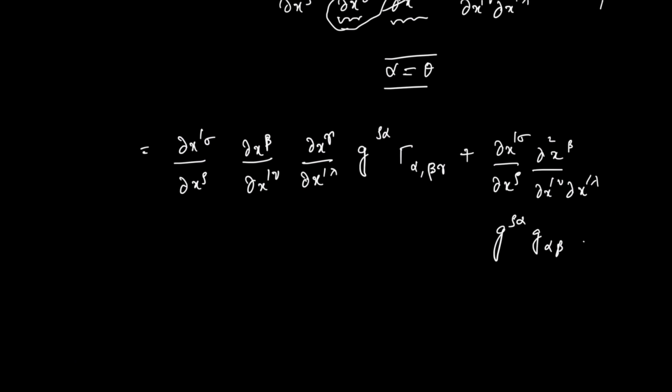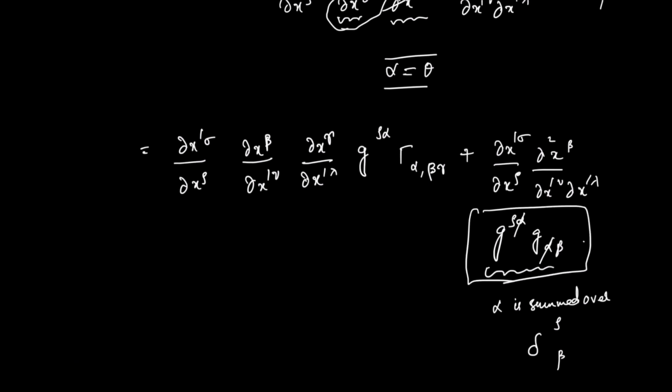Now here you can see that g rho alpha multiplied by g alpha beta. So alpha is summed over, right? So I will get Kronecker tensor of rho beta, because one is the inverse of the other, right?